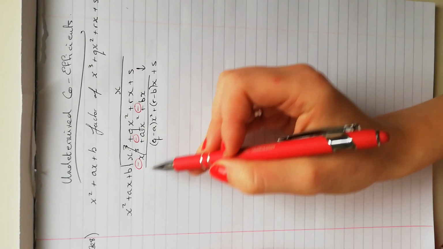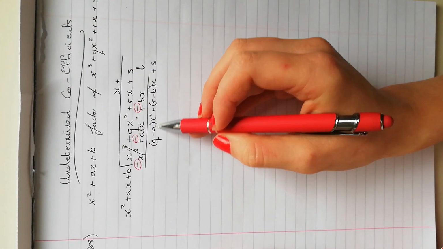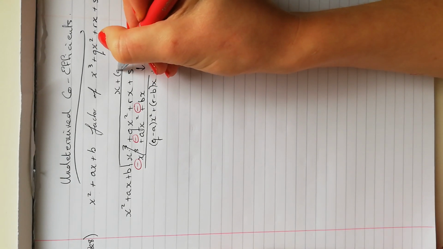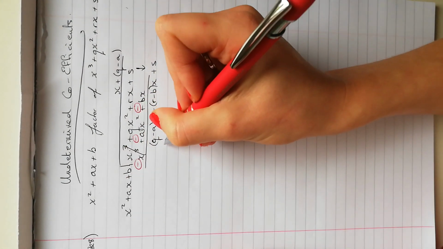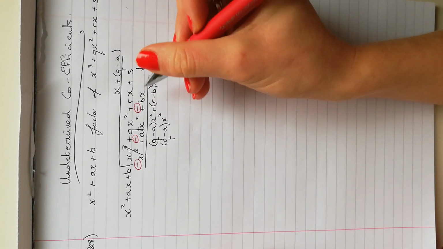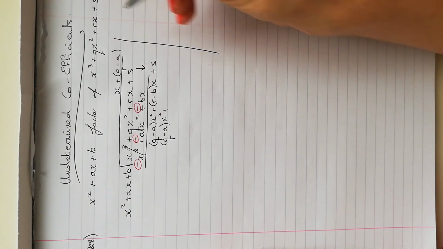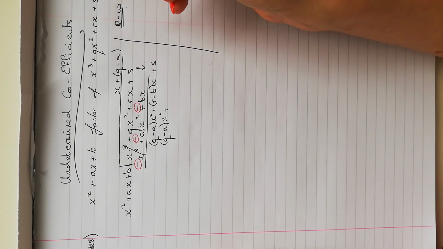Okay, step 1, first term into first term, answer on top. x squared into (q minus a) x squared is q minus a. And multiply it back: (q minus a) x squared plus, okay, I'm just going to go over here.